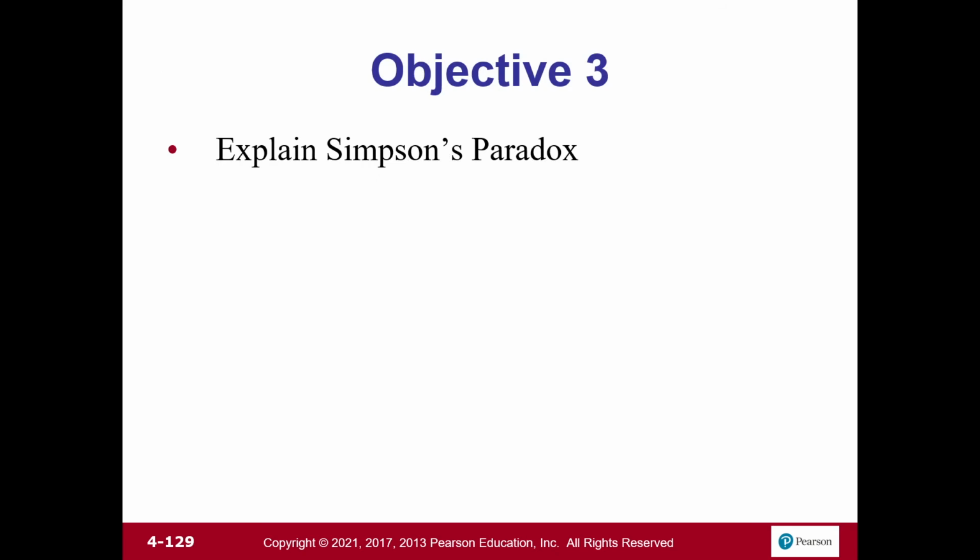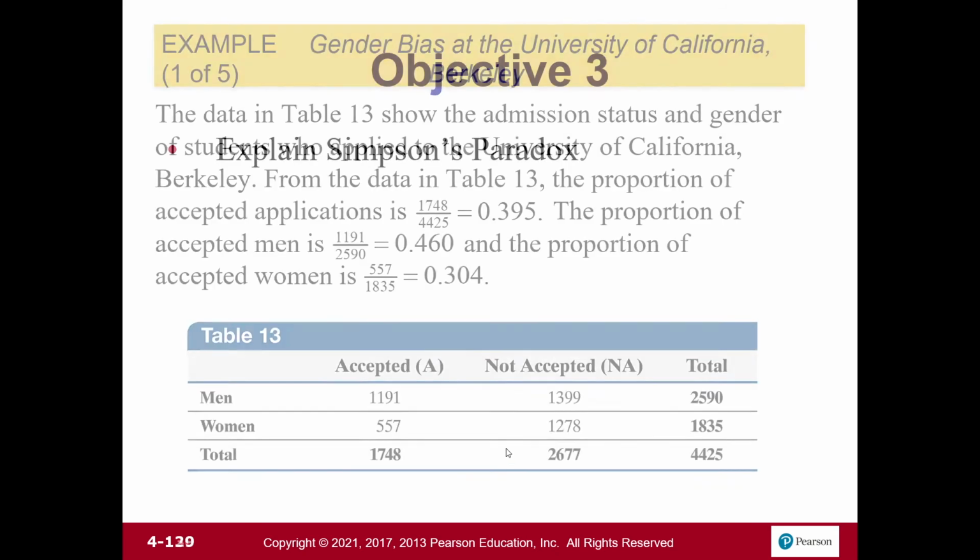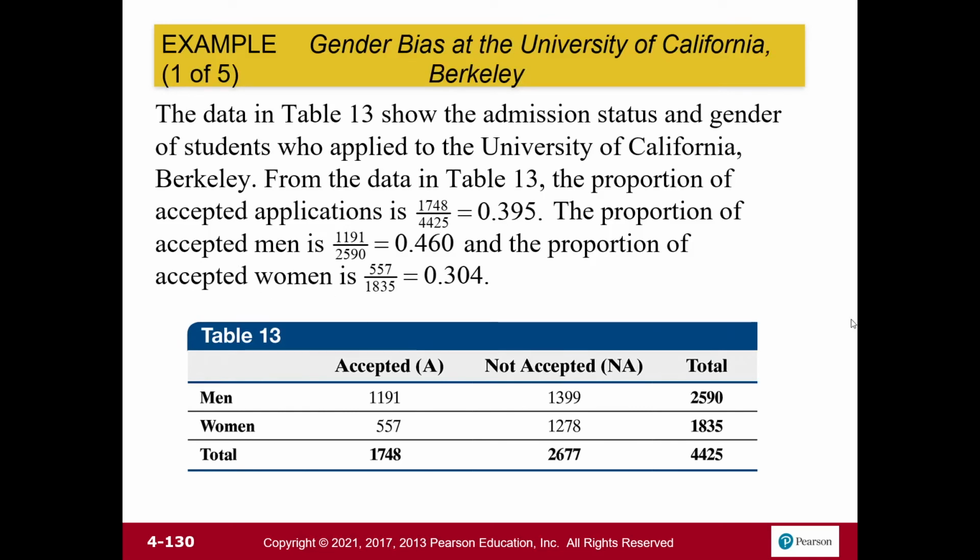In this objective, we're going to explain Simpson's paradox. Table 13 shows the admissions status and gender of students who applied to the University of California, Berkeley.